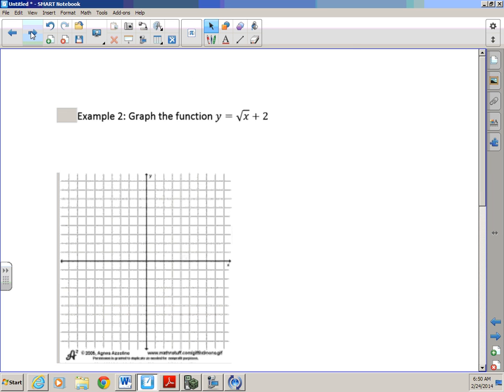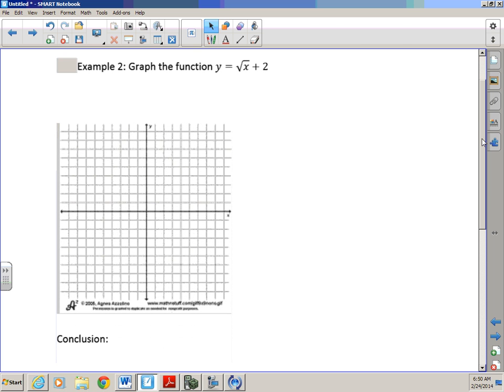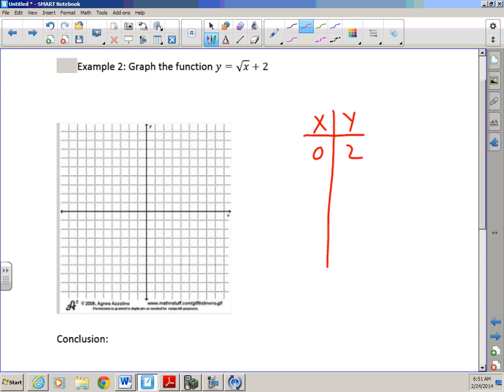So now, let's see what happens when I add 2 to this function. And again, you would be putting this into your calculator, and you'll see that when x is 0, y is 2. When x is 1, y is 3. When x is 4, y is 4, and 9 and 5.